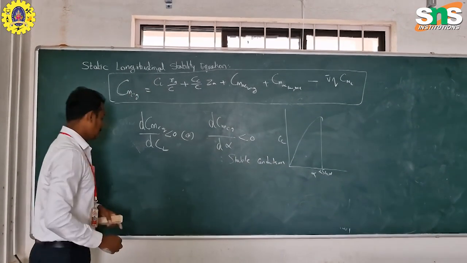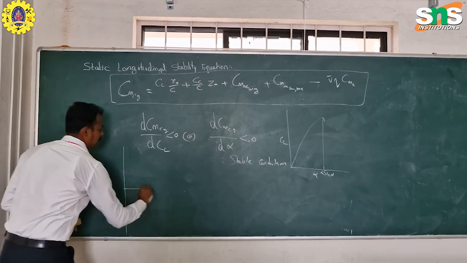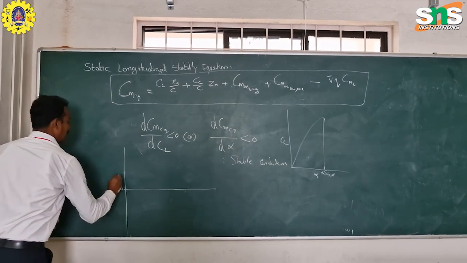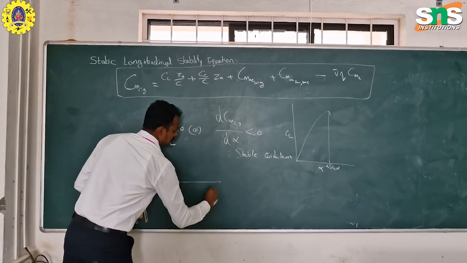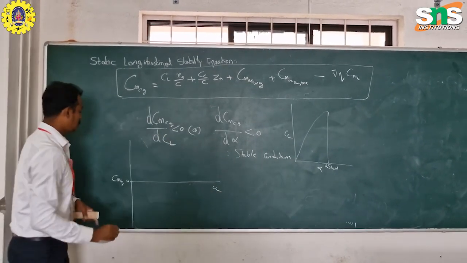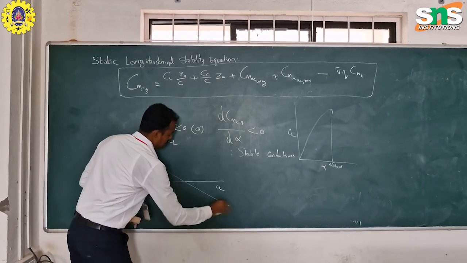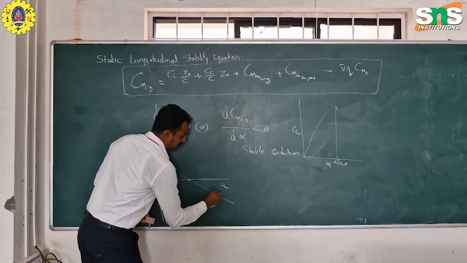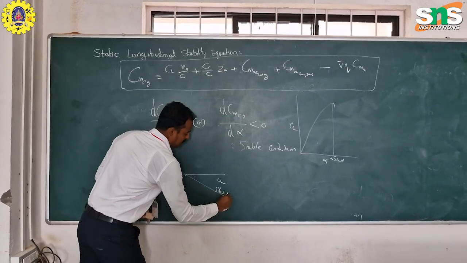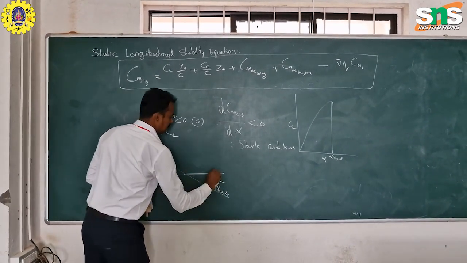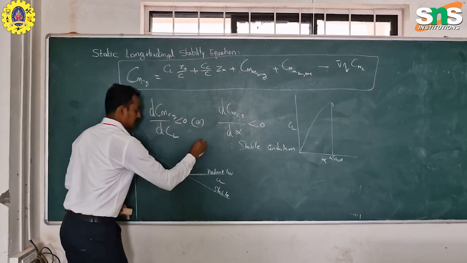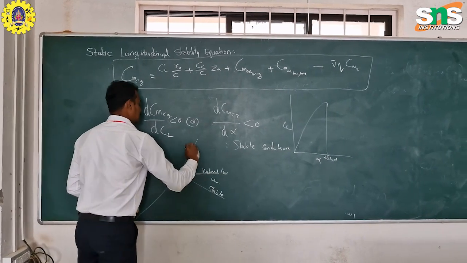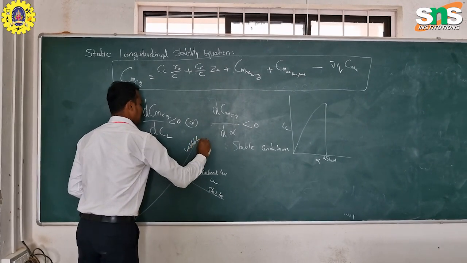of the airplane. So now we are going to draw the graph of C M C G versus C L. This is the stable curve, this is the neutral curve, and this is the unstable condition.